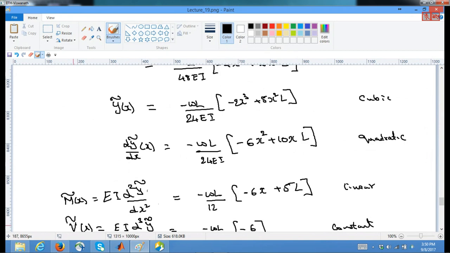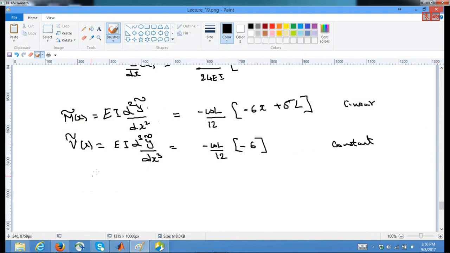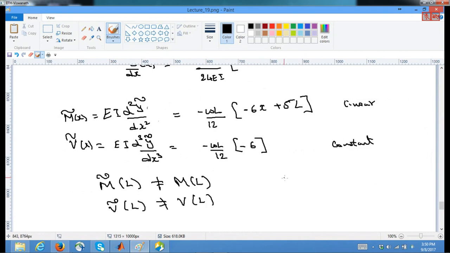However, the M of x and V of x, when we evaluate at L, M tilde of L is not equal to M of L, and V tilde of L is not equal to V of L. However, Y tilde of L is equal to Y of L. It has to be, and theta tilde of L has to be theta of L.